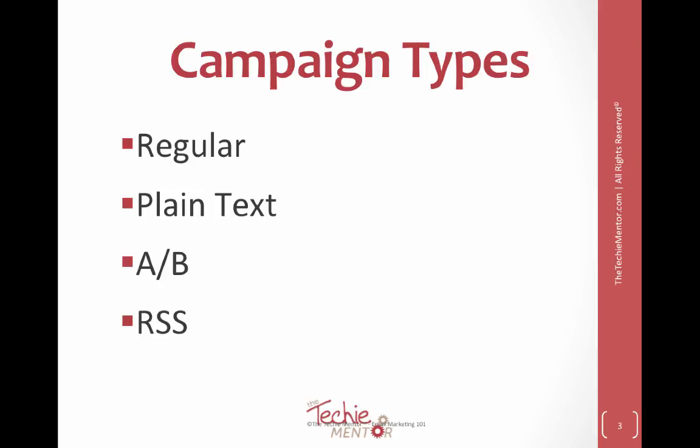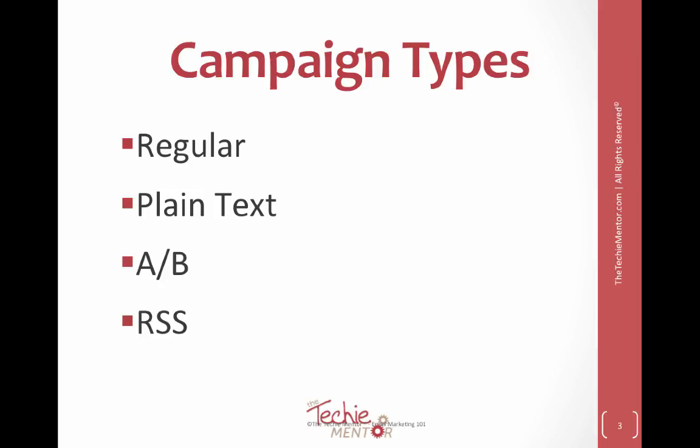In A/B or split testing, this allows you to send 2 different emails and change the content or the subject line or some of the information in it, and then test to see which one gets better response. And what I mean by responses is conversions. How many people open it versus A versus B? How many people click on a link versus A versus B? And this is a really great thing to do as you get deeper into email marketing.